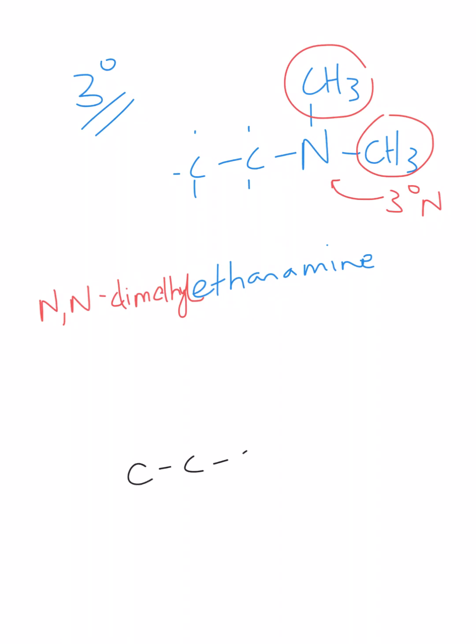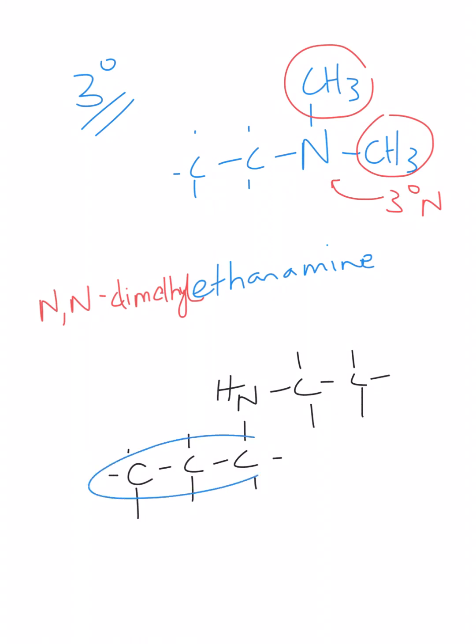Let's see, what if we do something like this? Just riffing away. Okay, what is this? Is this a propanamine or is it an ethanamine? Well, as usual, you go with the longest run. So the longest run's 3, so it's going to be a propanamine. And then the substituent is now a 2-carbon substituent, so that's an ethyl group.